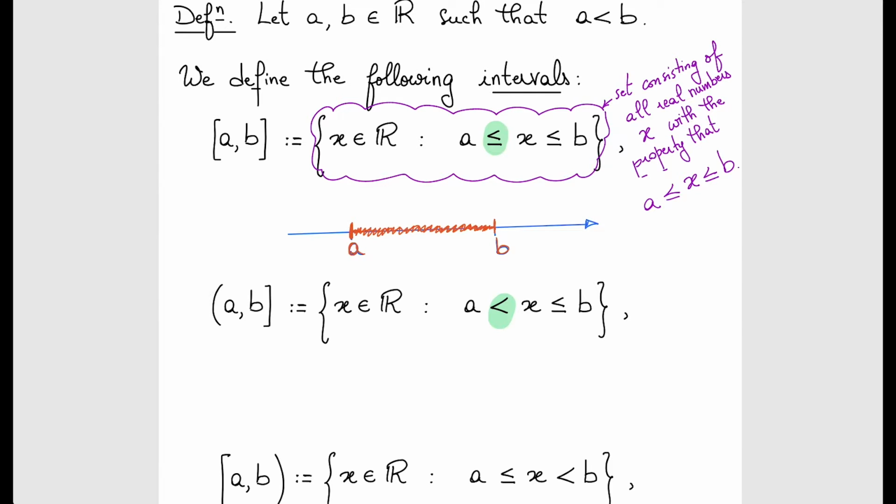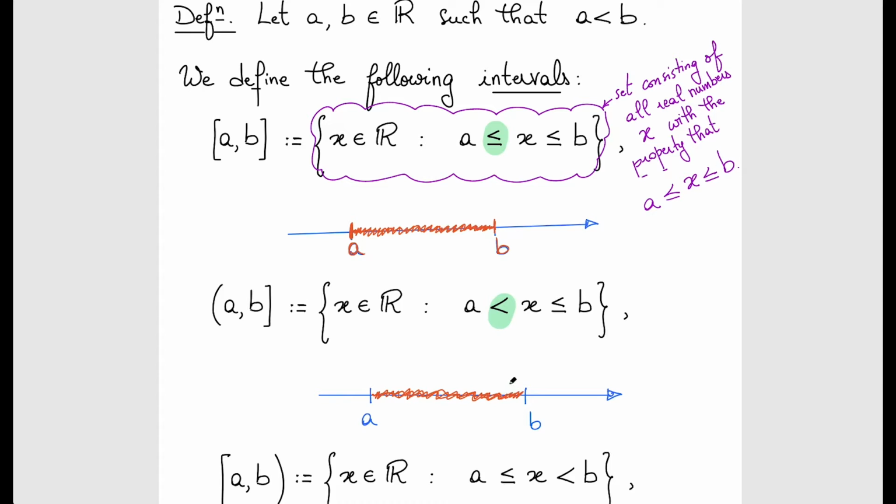So let's draw our number line. This is A and this is B. What are the elements in the set? In this set, there are real numbers that are between A and B. Okay, so we know they have to be here. Any number between A and B is a participant in the set, like we used to have before.